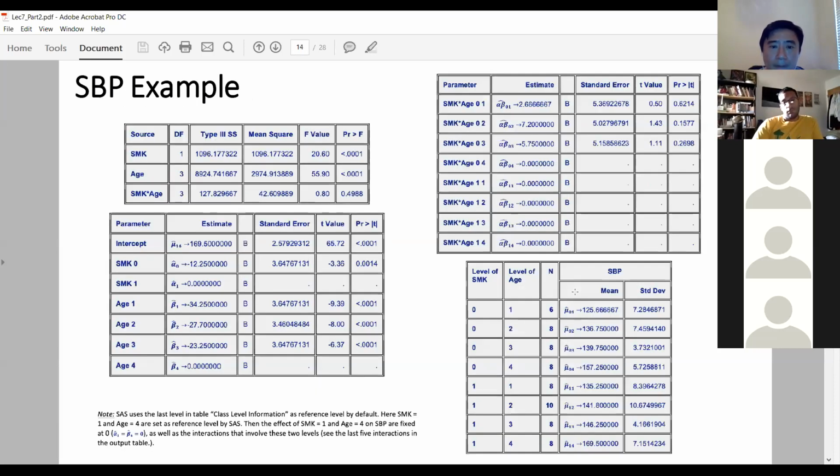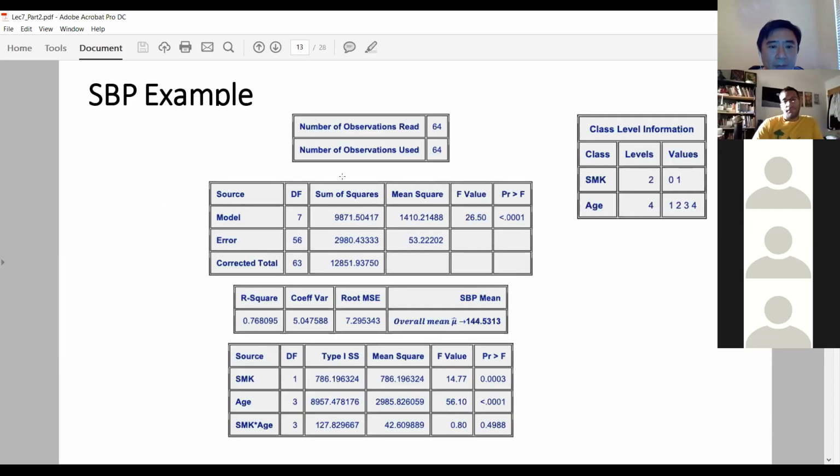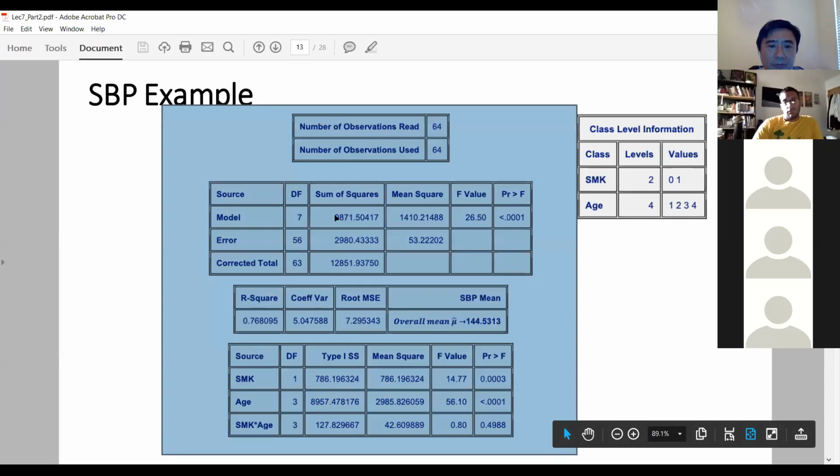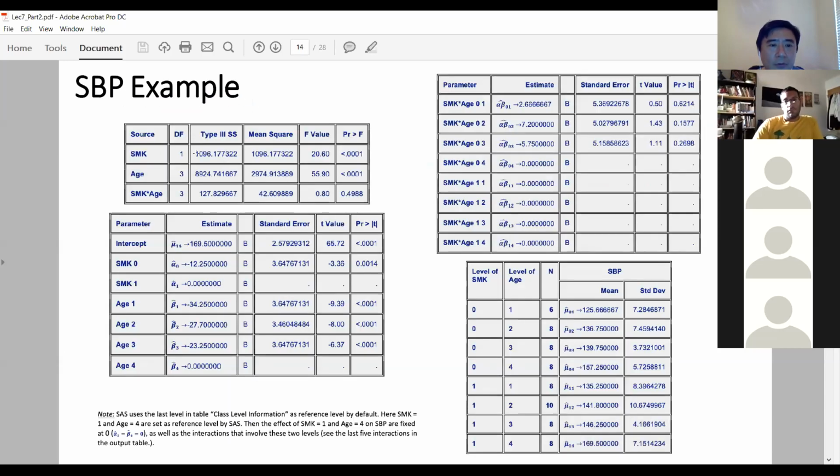All right. And the next one is the Type 3 sum of squares. As I said, this is a further partition of the total sum of squares, because the total sum of squares is equal to the sum of the sums of squares for each factor, no matter whether it's Type 1 or Type 3. We usually keep focus on Type 3.